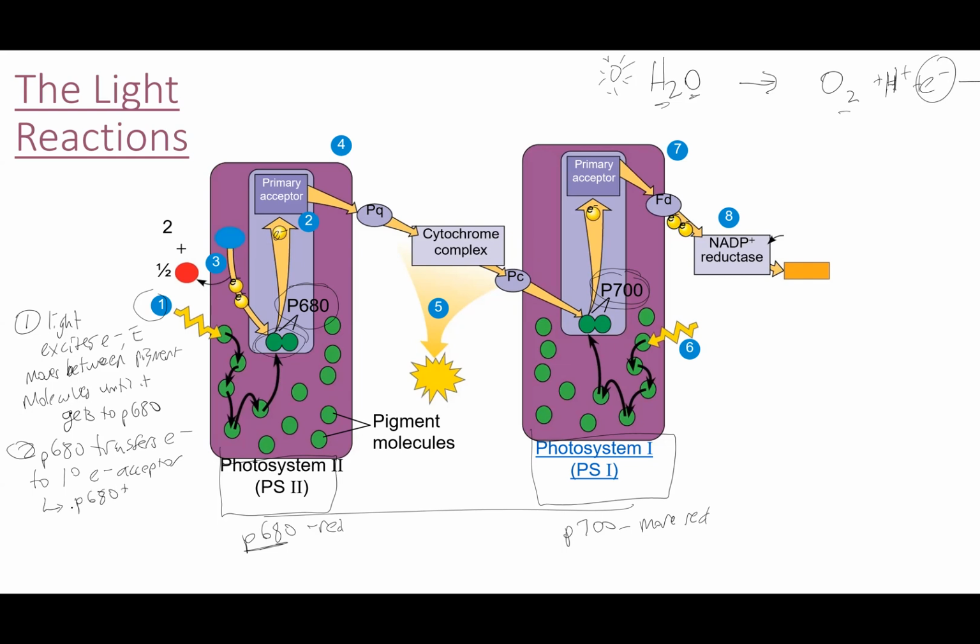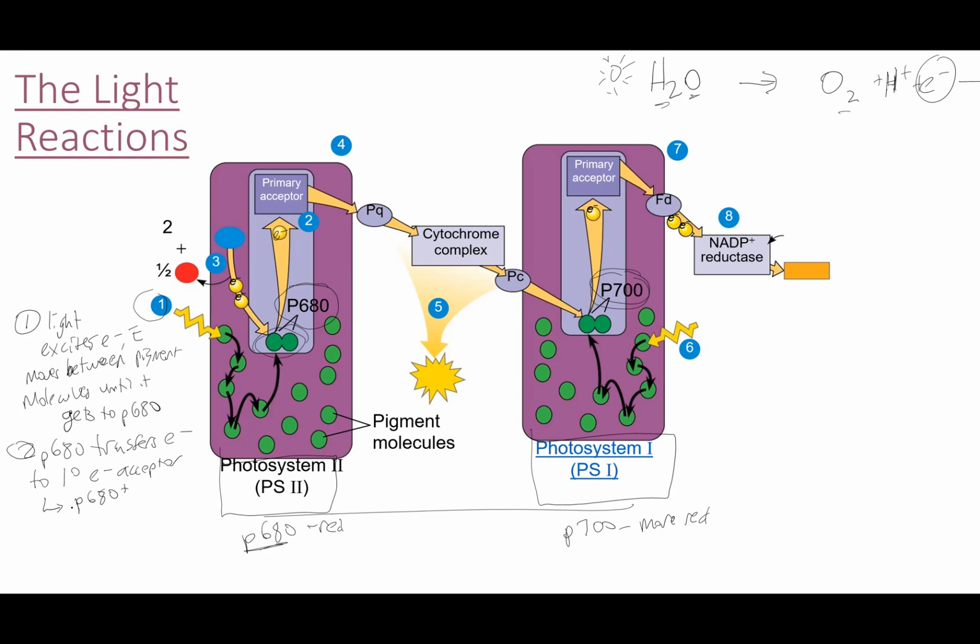Why does that make sense? It was electrically neutral. It's losing a negative charge, so now it itself is going to have a positive charge. So that's going to make it available and ready to do what? Take another electron. Every time it's transferring an electron, that makes it available to take a new electron.